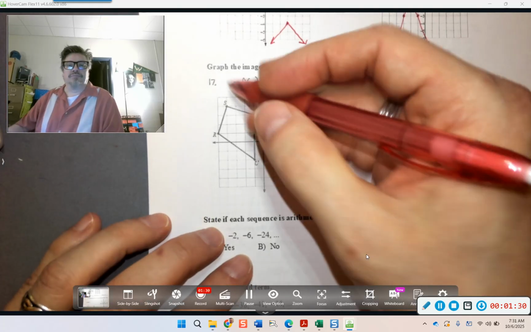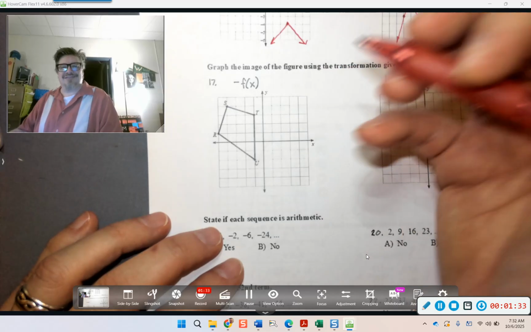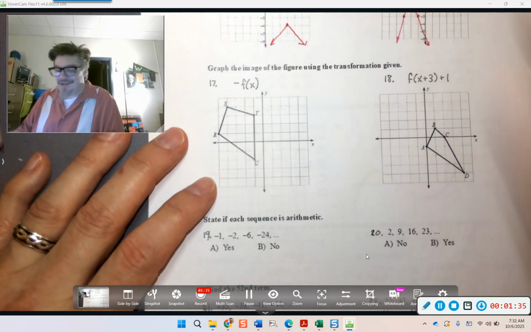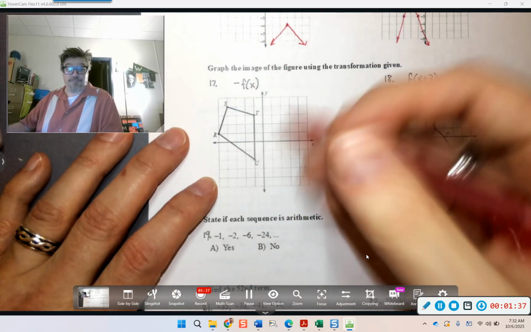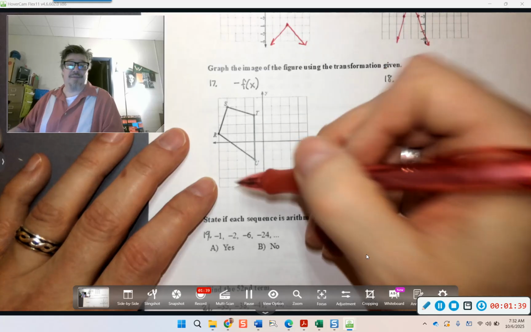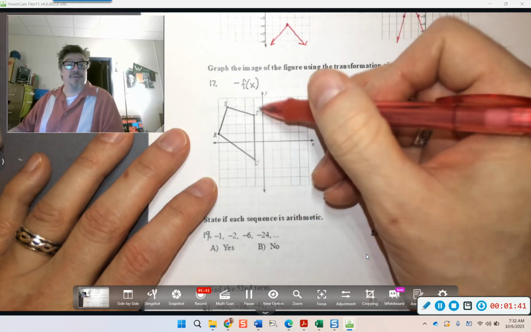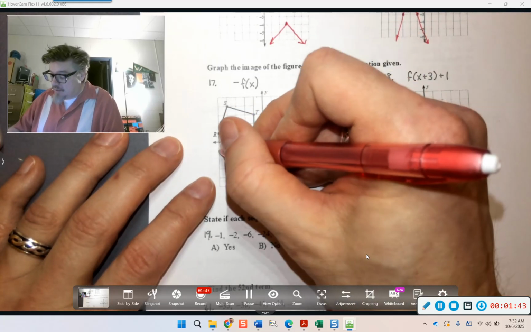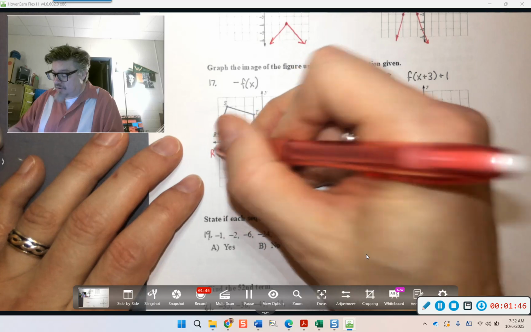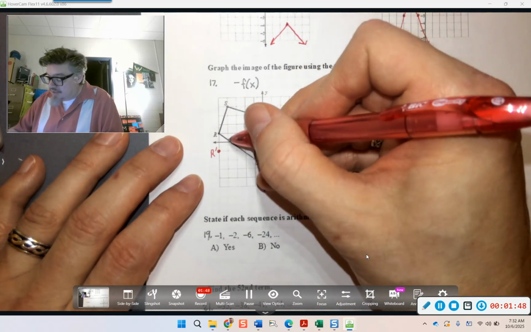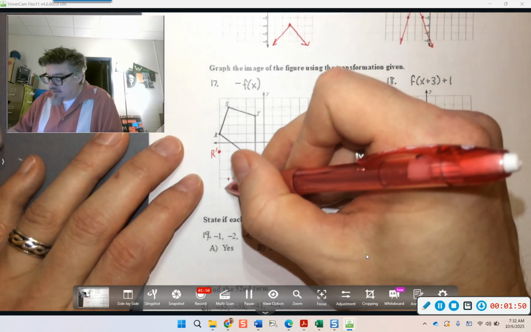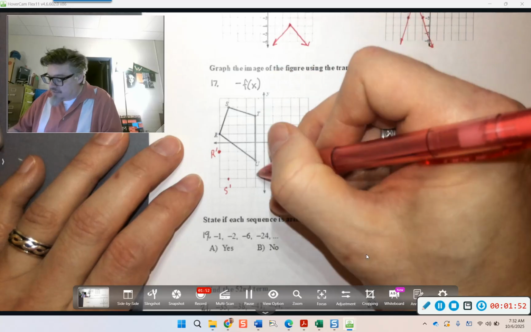All right. This one is a negative f of x, which means all of our y coordinates have to become different. If they're positive up here, they will now become negative, and if they're negative here, they'll become positive up here. So this one will go here. That's r. In fact, you can call that r prime. This one's going to be 4, so here he is. He's s prime. And he's 3.